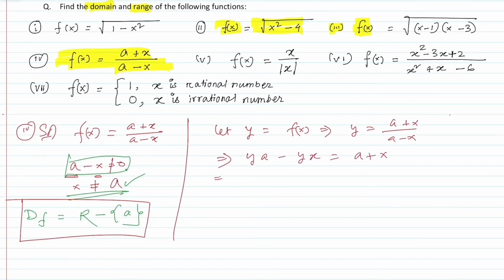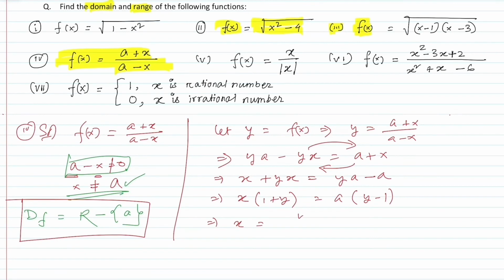Transfer this to the other side, then x plus yx, and bring this to this side, then ya minus a. So x into (1 plus y) equals a into (y minus 1). So then x must be equal to a(y minus 1) by (1 plus y).